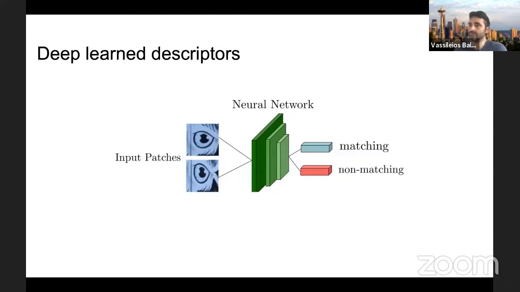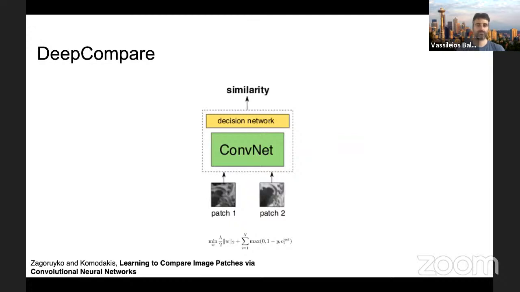In this case, most of the work was based on ways to learn from data from a set of input patches using a neural network, and then having some kind of ground truth, which is either if these two patches are matching or non-matching, then you could start building methods on top of that that are trained based on the data you give to the network.